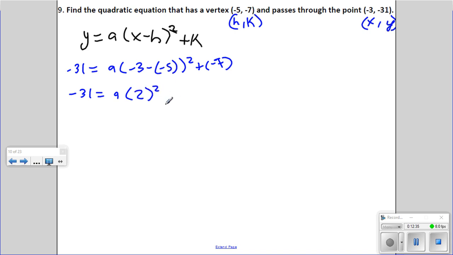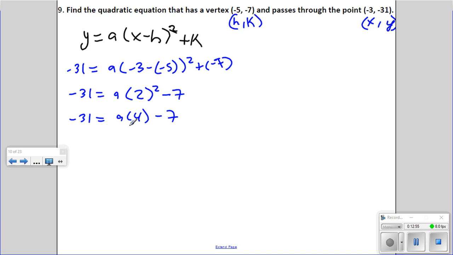If you don't understand why, please consult the calculator. And then plus negative 7 simply means just minus 7. I then would square my 2, which means negative 31 is equal to a times 4 minus 7.